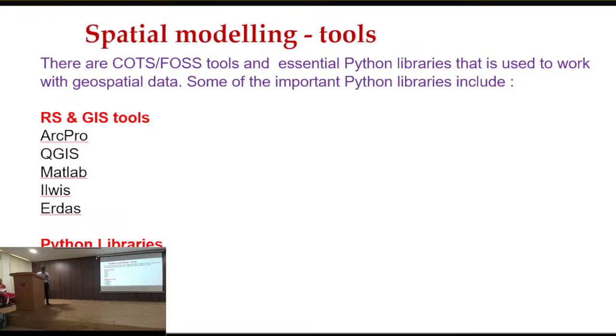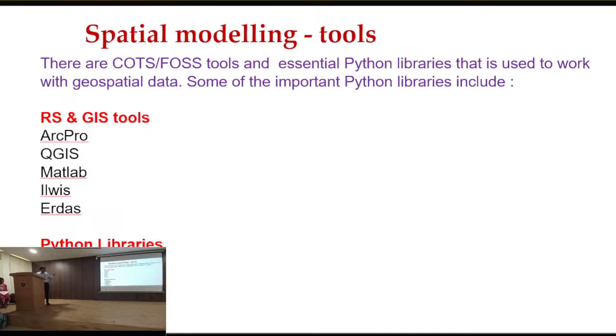The code is available to see, and if you want to add your own customization, append the code, modify the code, or add your own add-ons, that kind of provision is available in QGIS. The difference between the two is that ArcPro is a proprietary tool where they have already built the tool and given it to the public, which is a closed one. You cannot access the code, so it is called a proprietary tool.